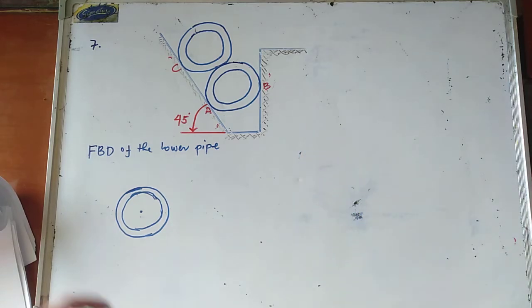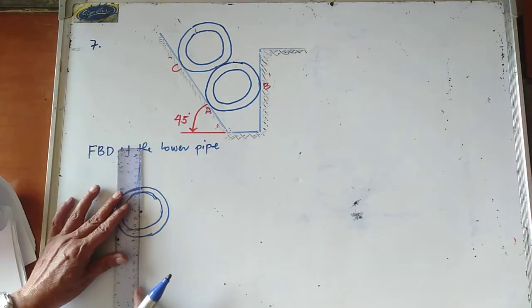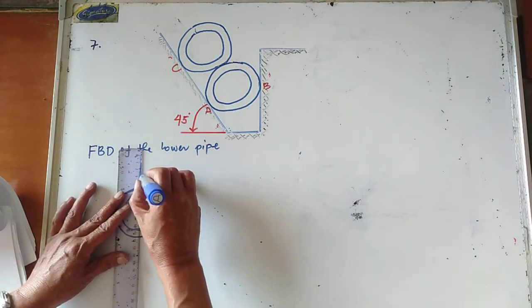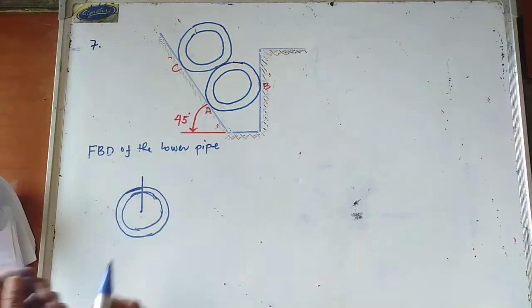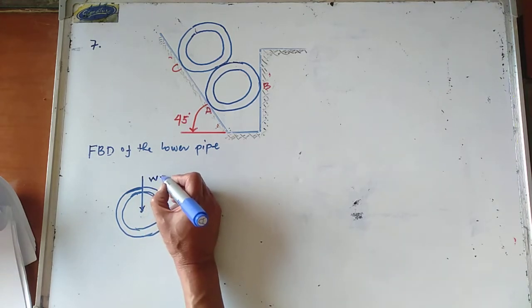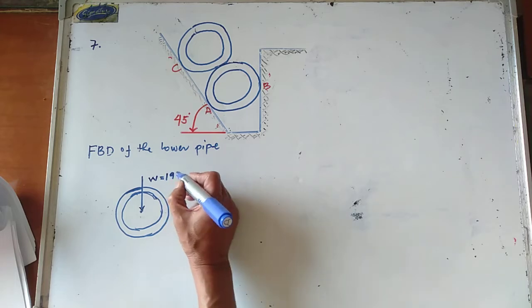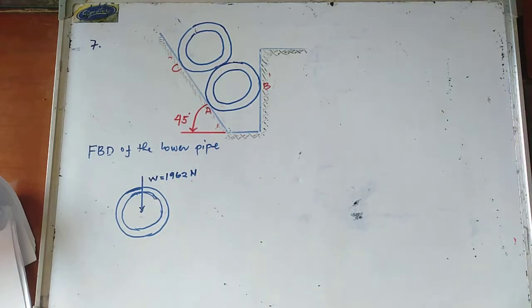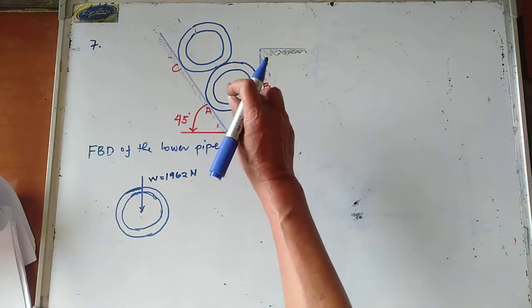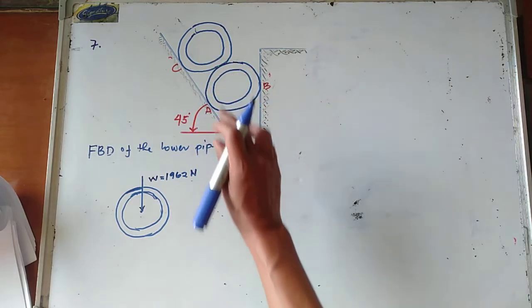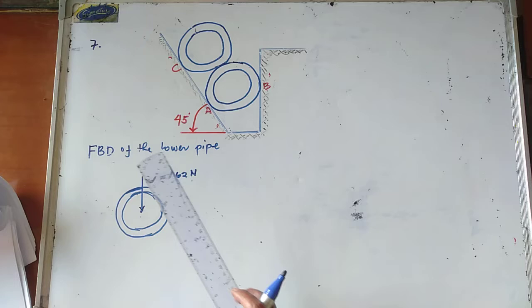So we have the weight of that pipe, and your weight again in here is equal to 1962 newtons. Now, the reaction between the contact surfaces of the two pipes, which is R1.